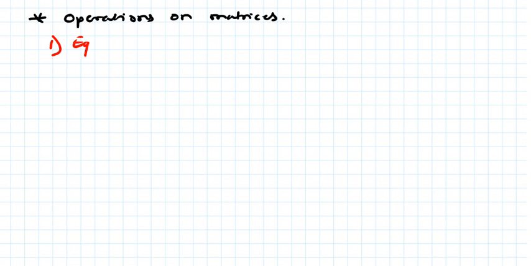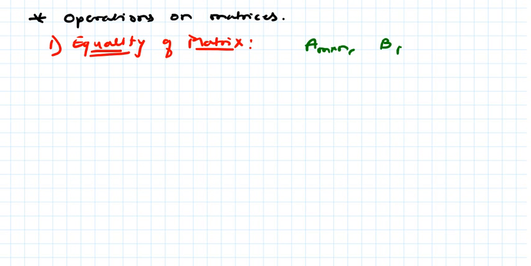Now in the next topic we will see the operations on matrices. Okay, so firstly we will see equality of matrix. Now if I have suppose two matrices, matrix A and matrix B. Suppose this matrix is of order m by n and this matrix is of order suppose p by q.